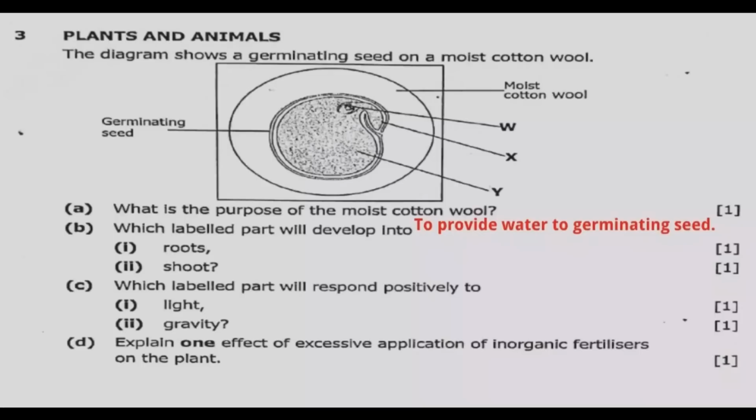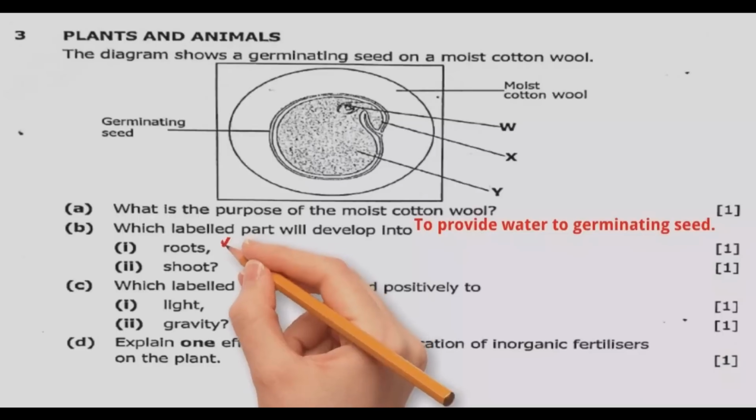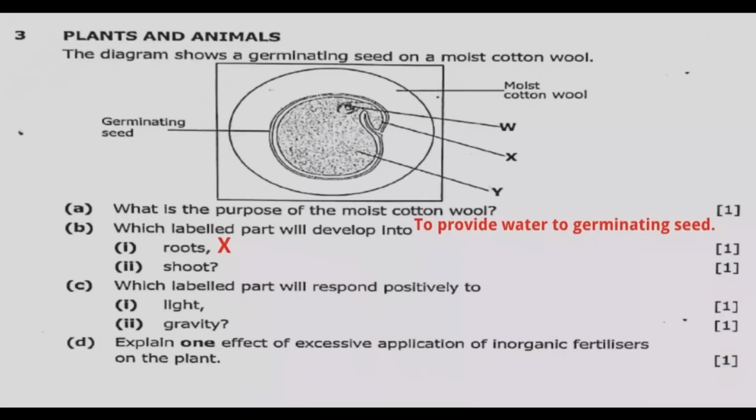Question number 3B is, which labeled part will develop into A, roots? The one that will develop into the roots is part X. Which one will develop into shoot?